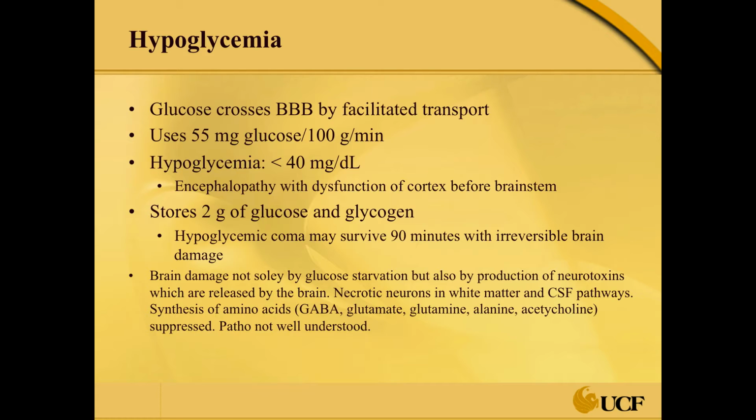So when the sugar falls below 40, the patient gets this metabolic encephalopathy with dysfunction of the cortex before the brainstem. There are stores of about 2 grams of glucose and glycogen, and in hypoglycemic coma, these people can actually survive up to about 90 minutes with irreversible brain damage.